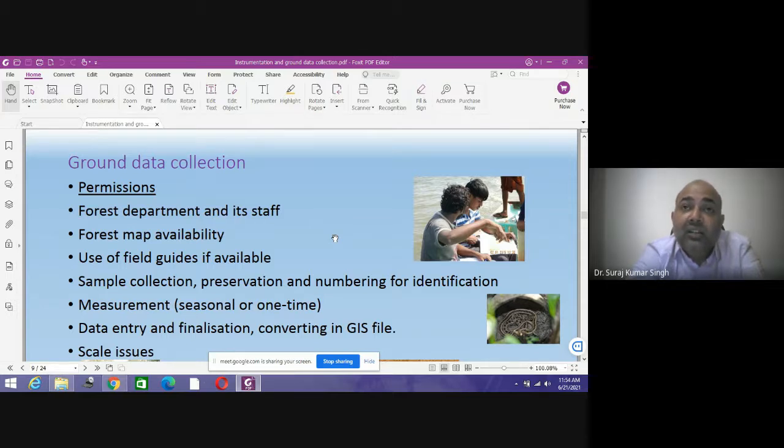Instead of that, prior to going to the field, a letter must be sent from your commanding officer or the coordinator or the principal investigator to the concerned department, stating the expected day from which the group wants to visit, the number of days, what the equipment is, what the purpose and objective are, and whether it is government or private.